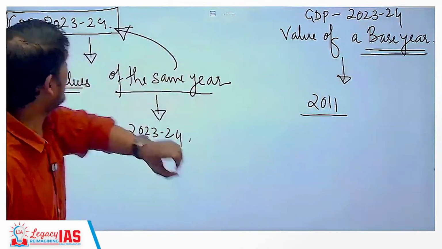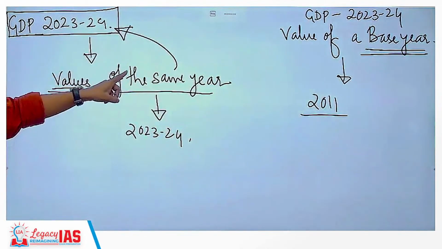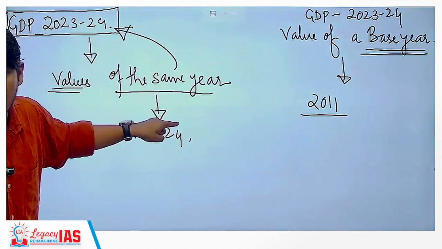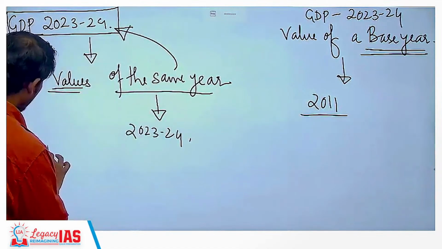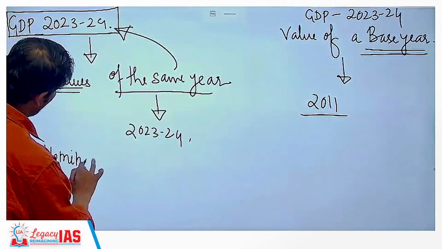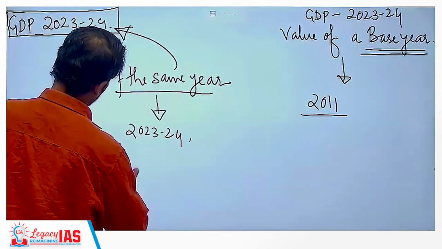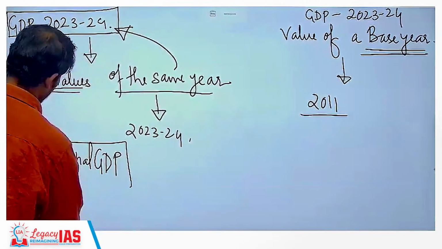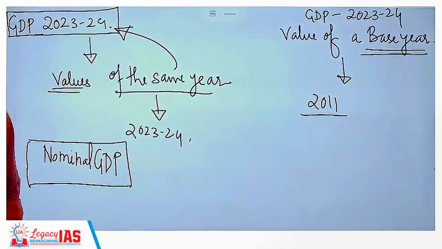So when you calculate GDP of a year by taking the value of the same year, that is known as nominal GDP. Nominal GDP.